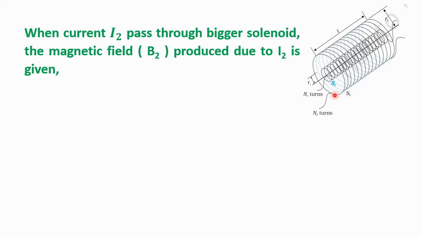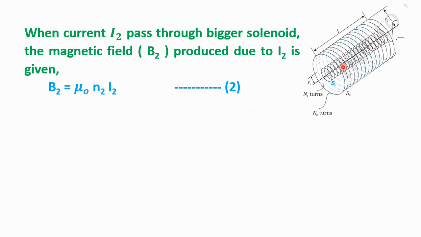As we know, the magnetic field produced by a solenoid is given by B equals mu naught n I. Here we slightly modify the notation and write B2, the magnetic field produced by the outer solenoid, equals mu naught n2 I2, where n2 is the number of turns per unit length of the outer solenoid and I2 is the current flowing through it. Let this be equation number 2.